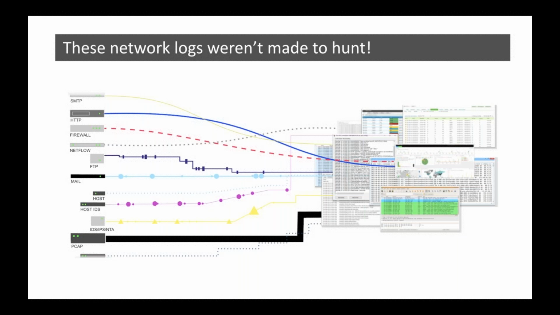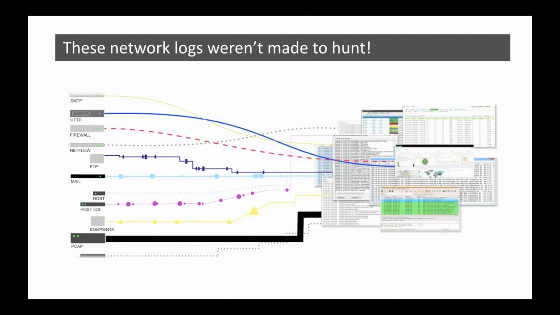Now, those network logs do provide you visibility into what's happening on your network. The problem is that they weren't, in most cases, designed for security teams, and they certainly weren't made to hunt at a holistic level. Those are logs that are typically designed for very specific use cases that relate back directly to those particular appliances.